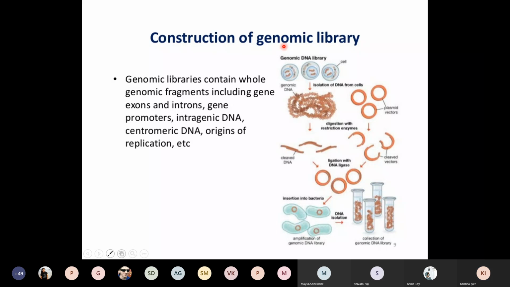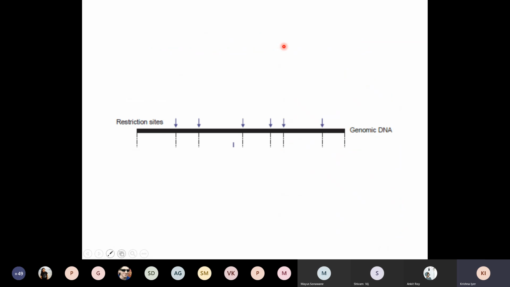Again, going in a little more detail, let us presume that this is your genome, and I'm showing this entire genome as this big black line. Let us say that there are 1, 2, 3, 4, 5, and 6 different restriction sites for a given enzyme.